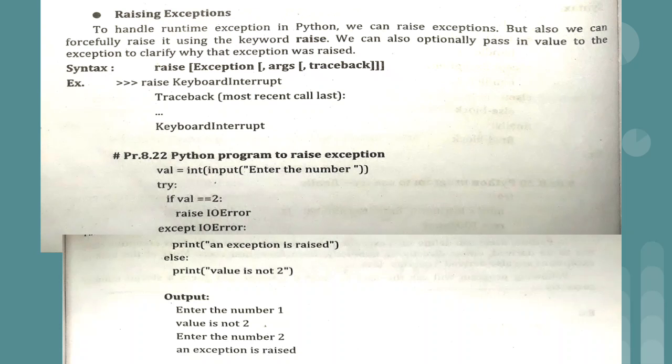This particular exception I want to raise, and after that we will write down in except block IOError, and then provide the statement, that is an exception is raised. This is the statement which I want to display when the user enters 2 as an input. And then again we are having else part, that is value is not 2.